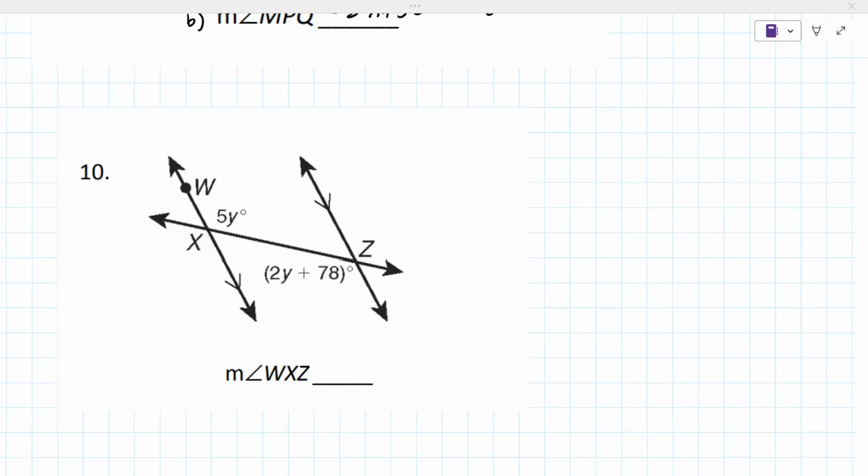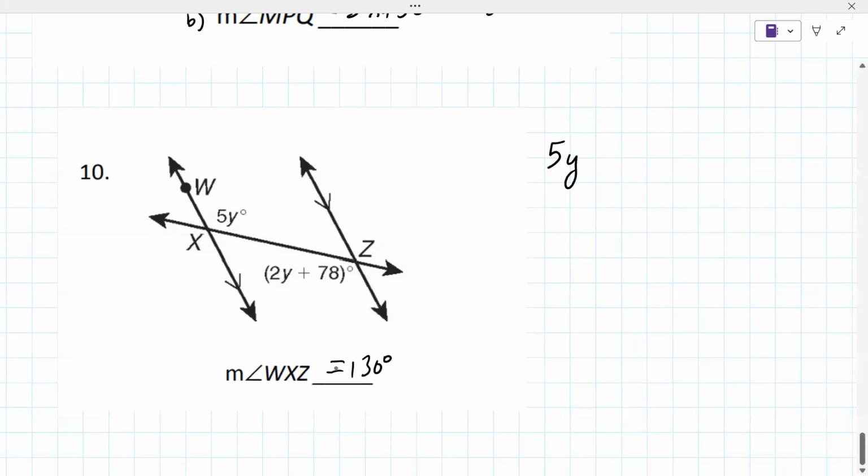That's correct. 130. Your final answer is 130 degrees.